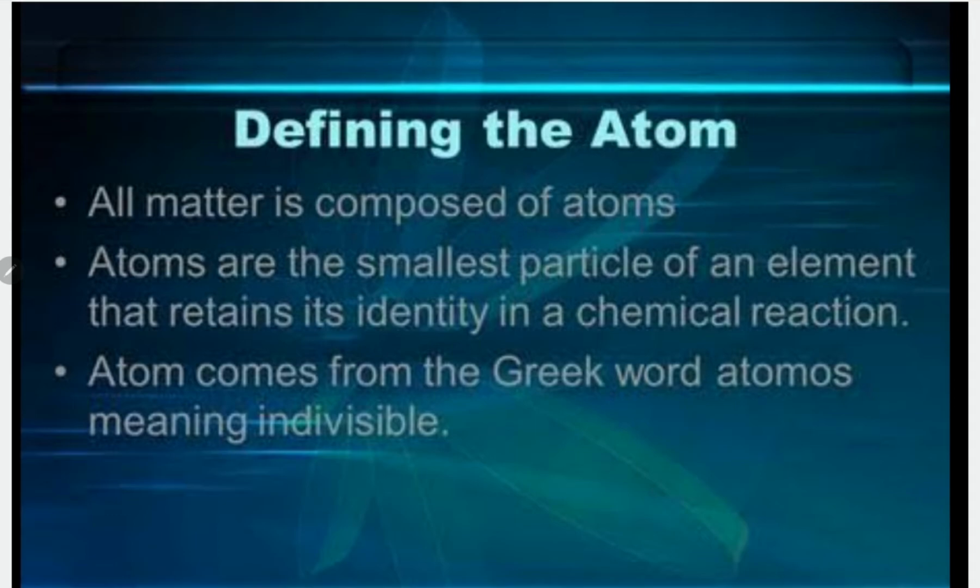So all matter is composed of what? Atoms. Atoms are the smallest particle of an element that retains its identity in a chemical reaction. This is the smallest particle of an element that retains its identity.